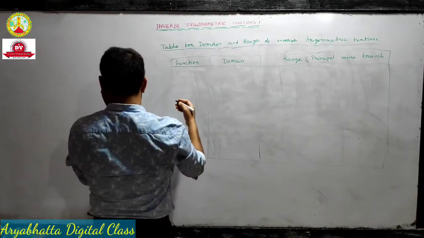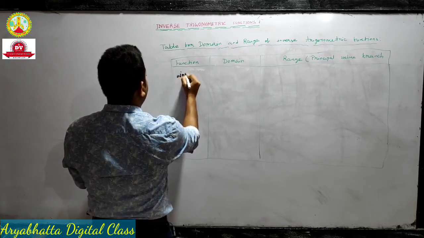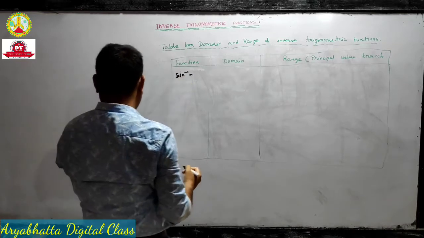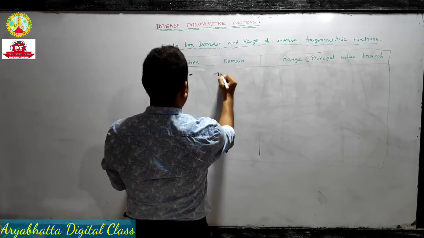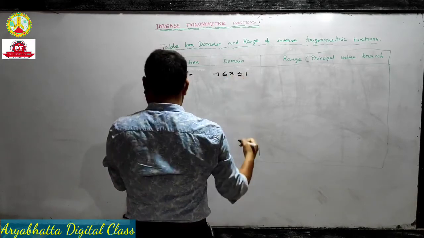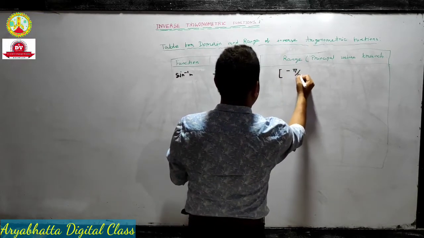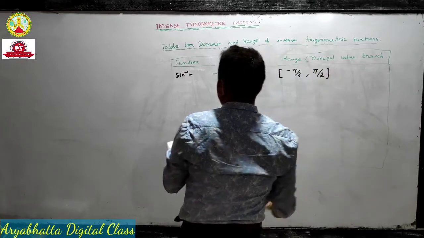First, sin inverse x: domain is -1 less than or equal to x less than or equal to 1, range is the closed interval -π/2 to π/2.